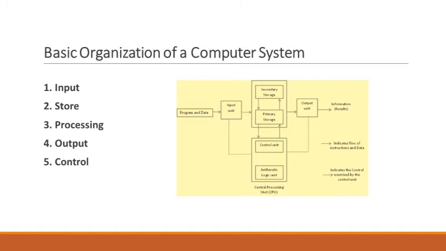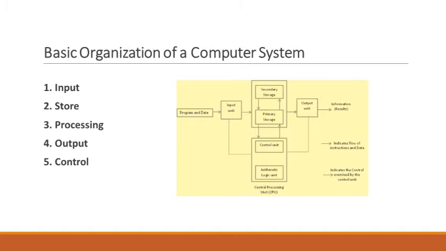The third step is the processing, which performs arithmetic operations, meaning add, subtract, multiply and divide, or logical operations, meaning equal to, less than, greater than, etc. In this way it converts the data to useful information.